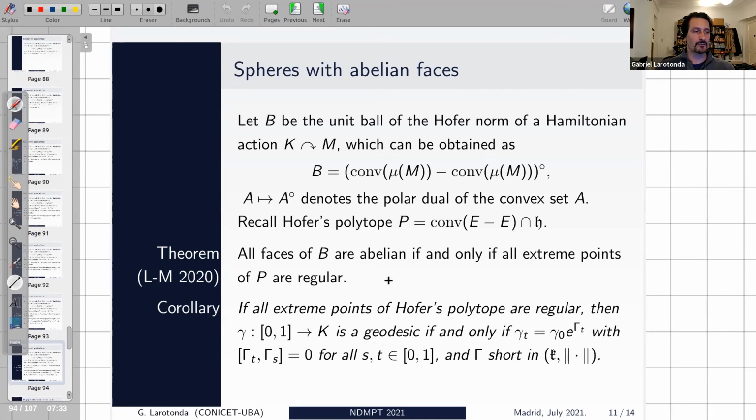So you see, when all extreme points of the polytope are regular, there is a one-to-one correspondence between geodesics of the normed space and geodesics in the Lie group.